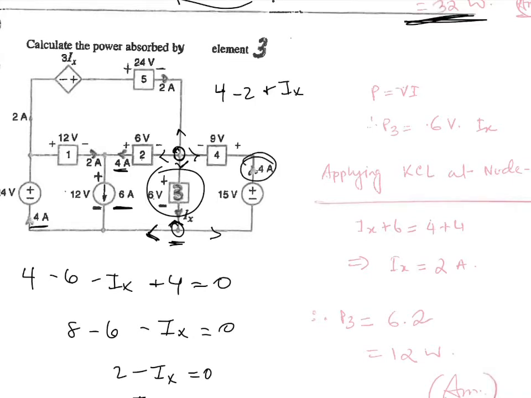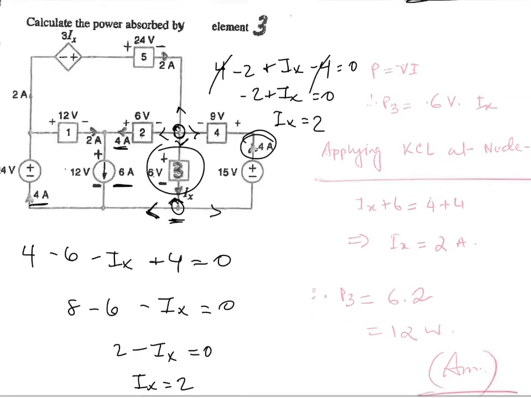Flowing the opposite direction here is 4. Set that equal to 0, and then these two cancel out. Negative 2 plus Ix equals 0. Ix equals 2. Those are two different ways of solving how much current is flowing through it.